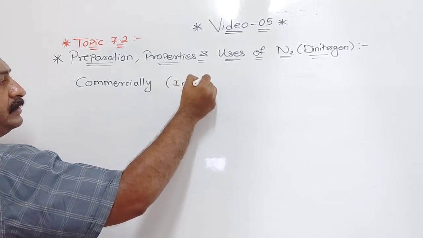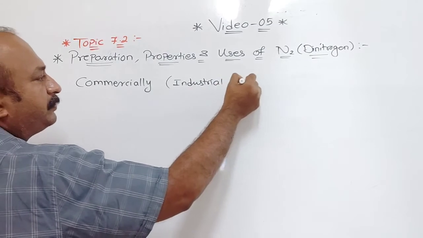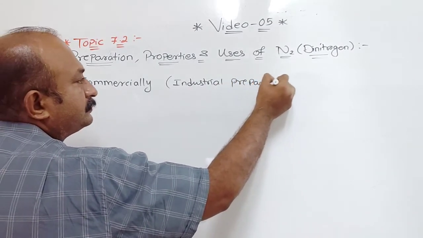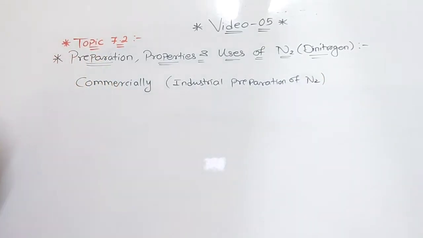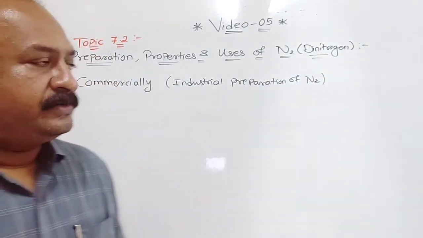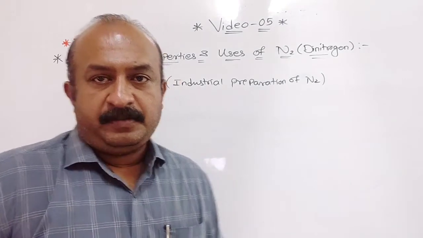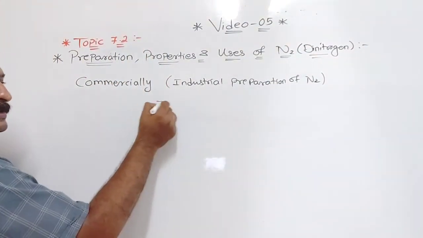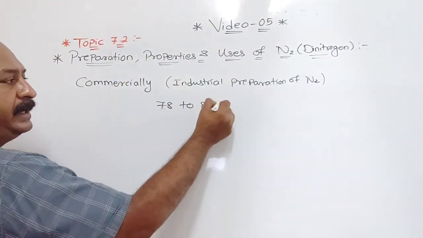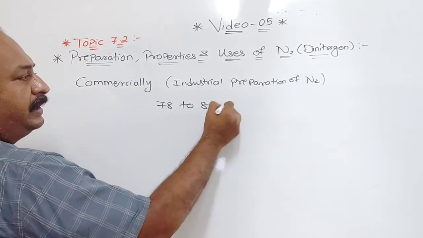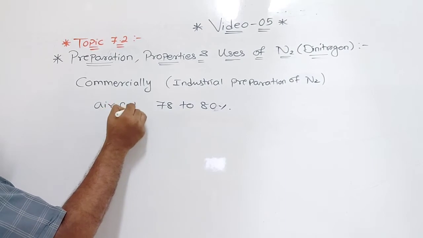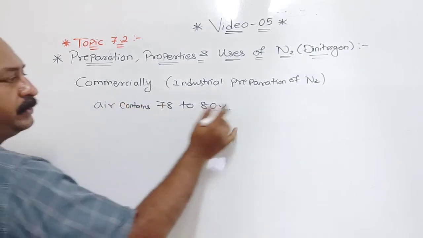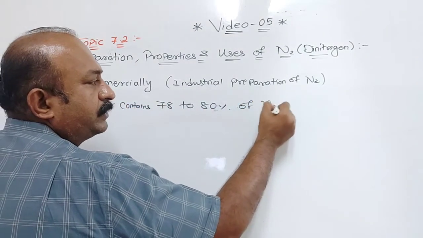Industrial preparation is through liquefaction of air, because we know atmospheric air contains 78 to 80% of N2.